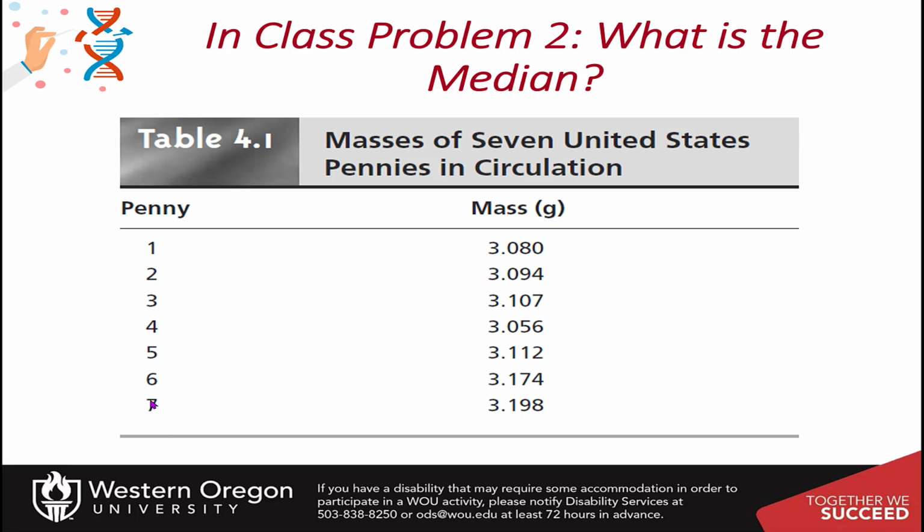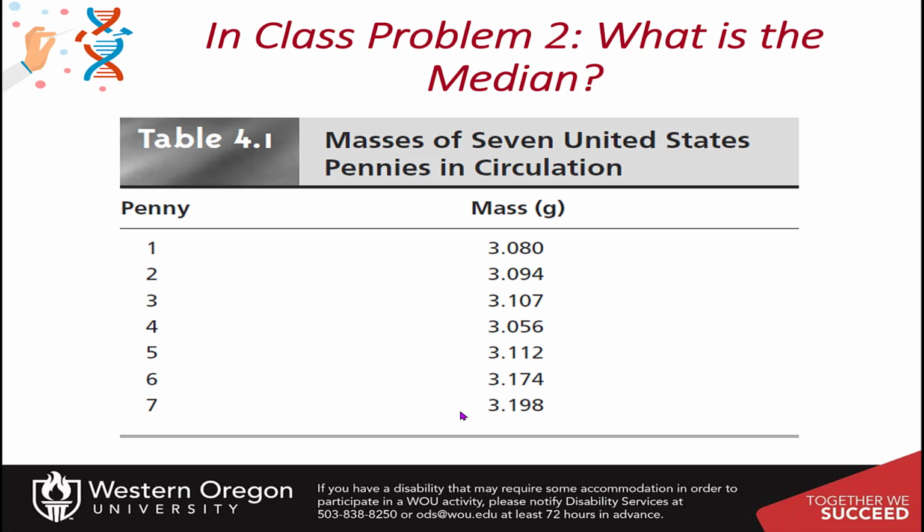All right, so if this data set only had 6 values in here, that would be 6 divided by 2 is 3, and 6 divided by 2 plus 1 would be 4. So we would have to add up samples 3 and 4 and divide it by 2 to get the actual median in that data set.